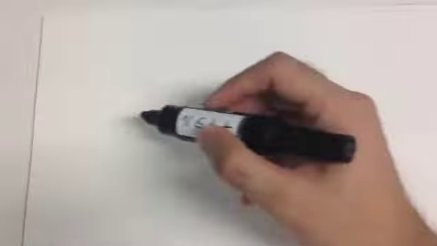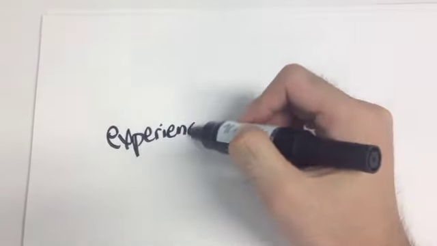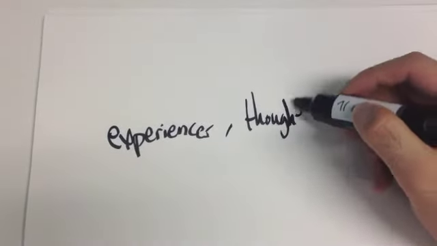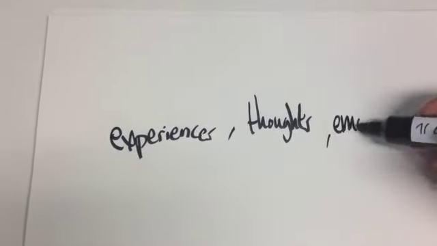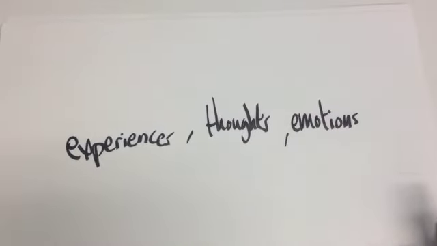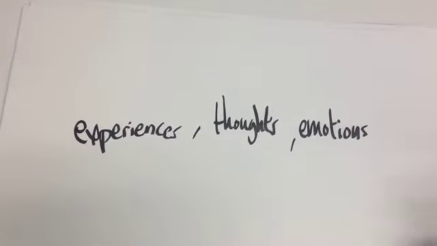And this is because the artist had different experiences, thoughts, and emotions or feelings. So maybe this is what influences an artist to create something, or you as a viewer that observes it, that looks at it.